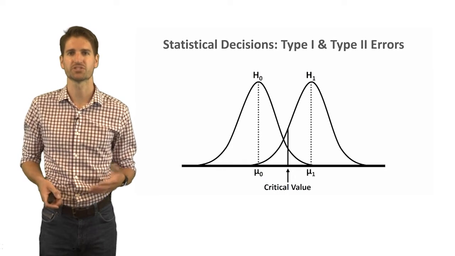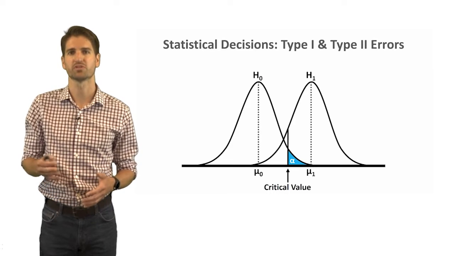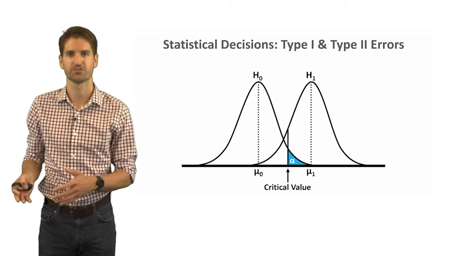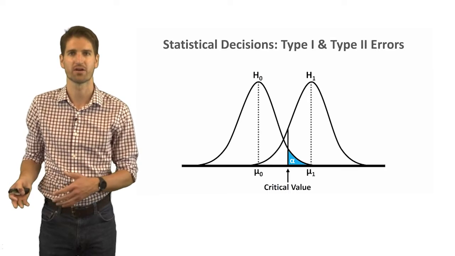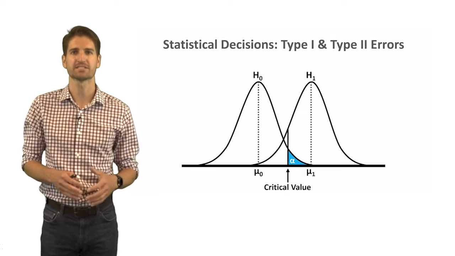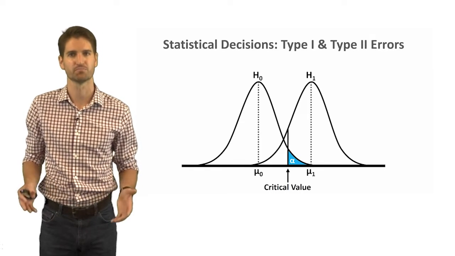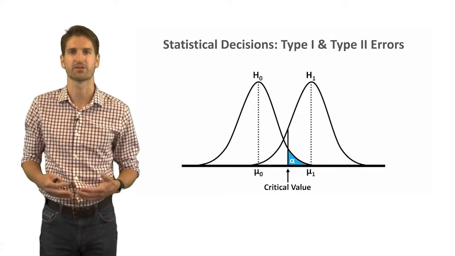Let's assume that we set the critical value here, and because we've set that critical value, that implies that we've now set our alpha value, which has to do with our type 1 error. Notice that the alpha value corresponds to the sampling distribution of means for the null hypothesis, shaded in blue and represented by the Greek letter alpha.